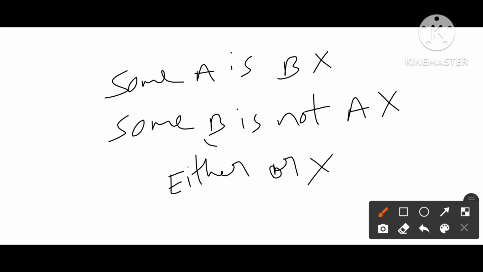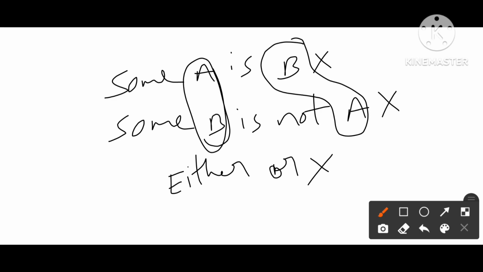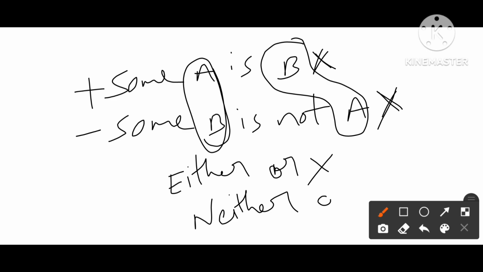Why? Because here suffixes and prefixes are not the same. So even though both the conclusions fail and one is positive and one is negative, our answer will be neither nor only, not either or. Why? Because the suffixes and prefixes are not the same.